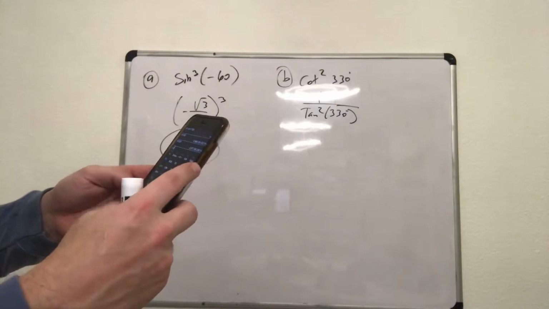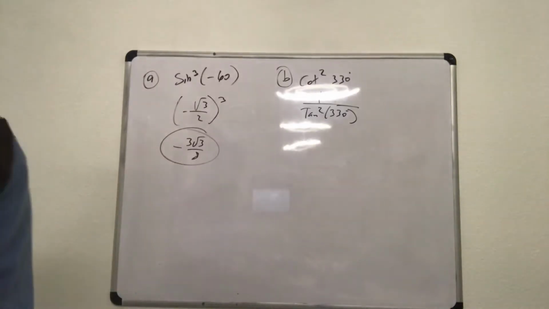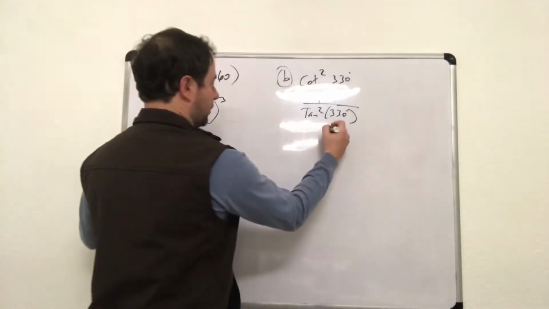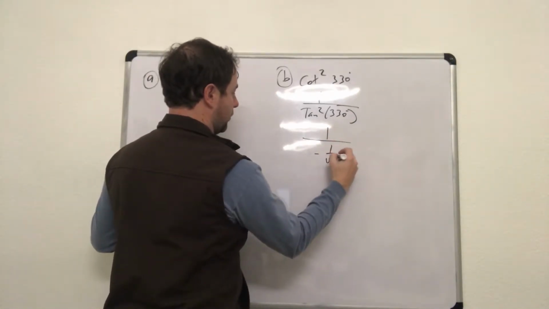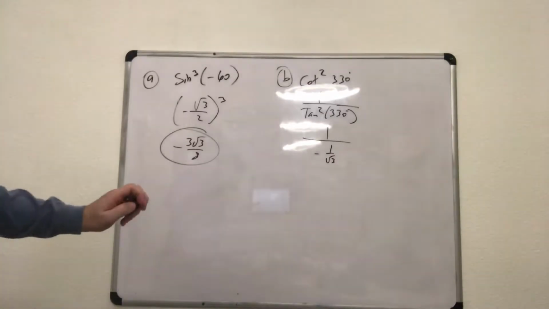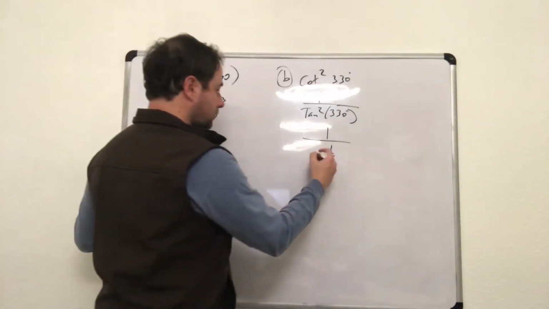Just double check that. Yeah. So you get 1 over negative 1 over root 3, because it was a negative number.